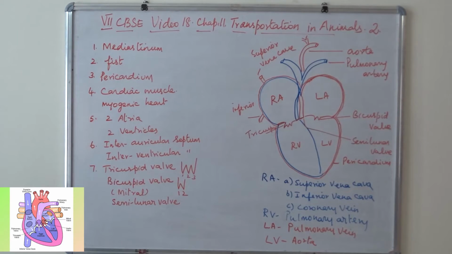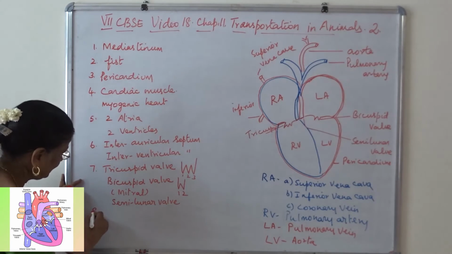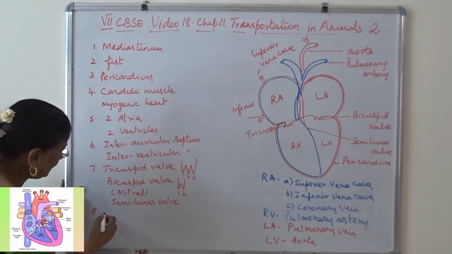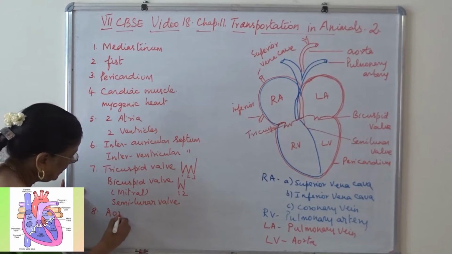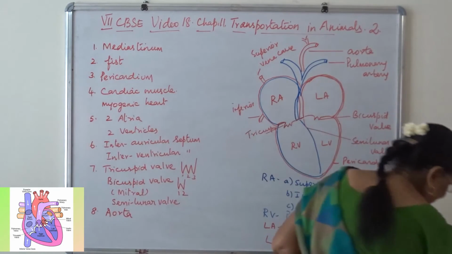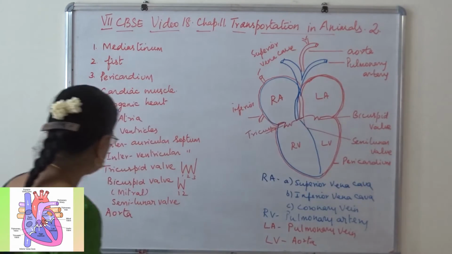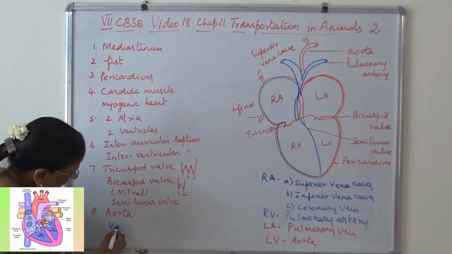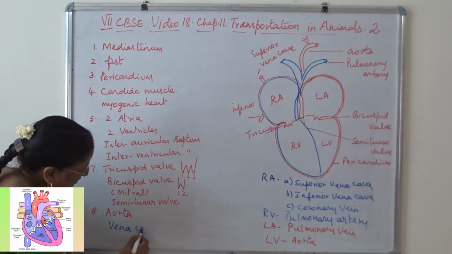I hope you understand. Now, the major blood vessels are aorta and vena cava.